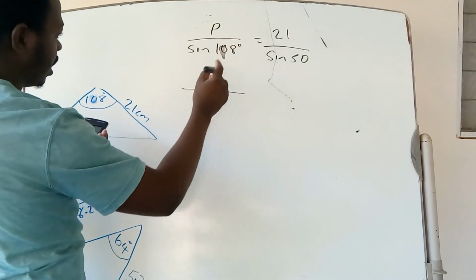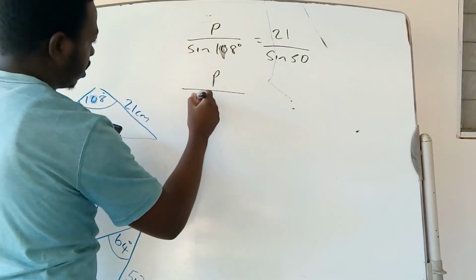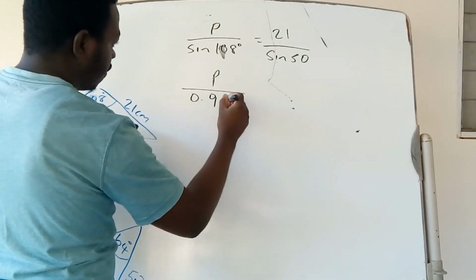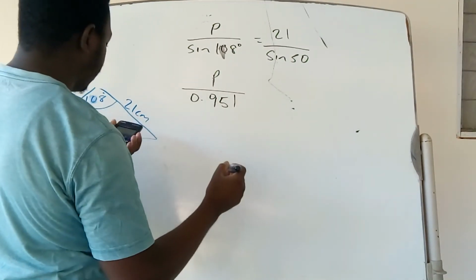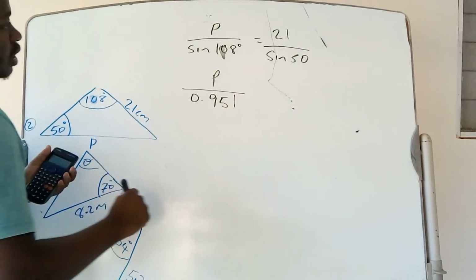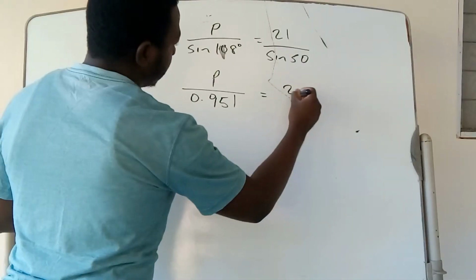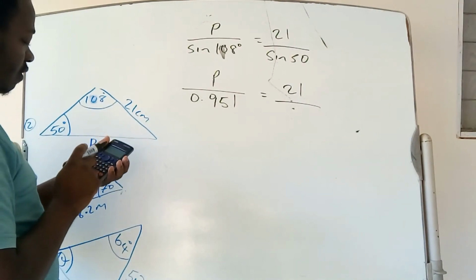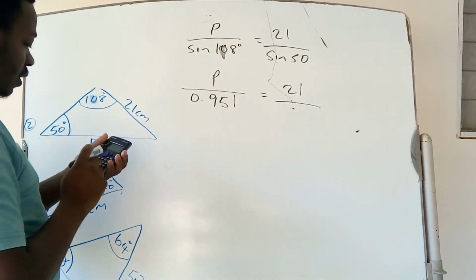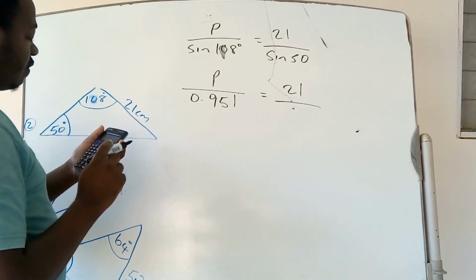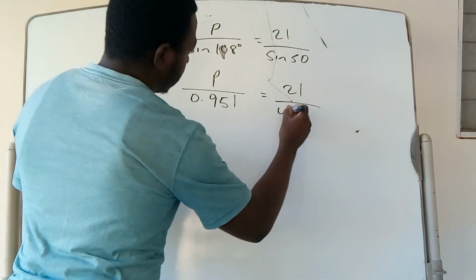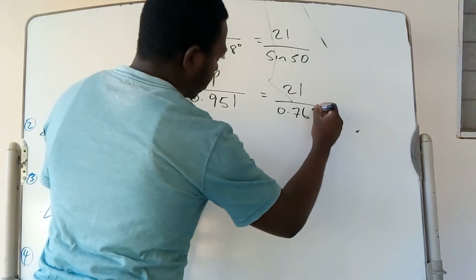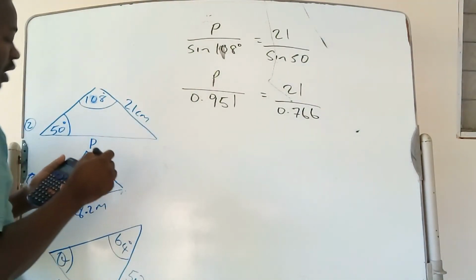Sine 108 degrees as a decimal is 0.951, correct to 3 decimal places, which is equal to 21 over sine 50. Sine 50 as a decimal is 0.766, correct to 3 decimal places.